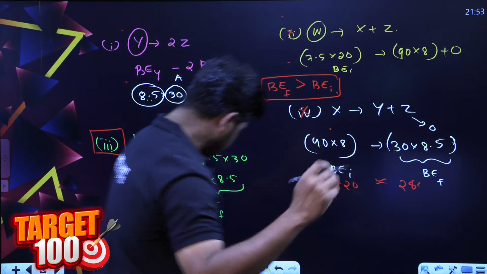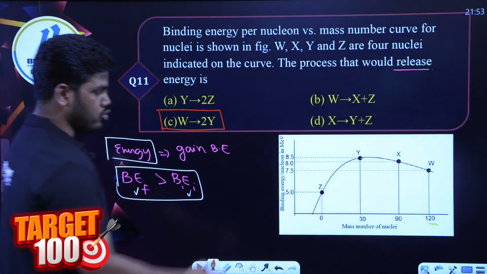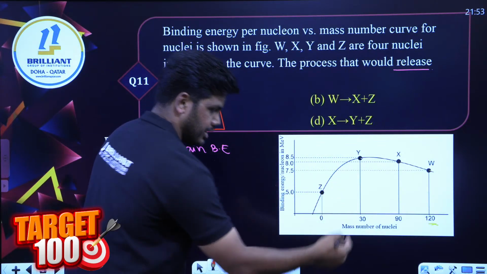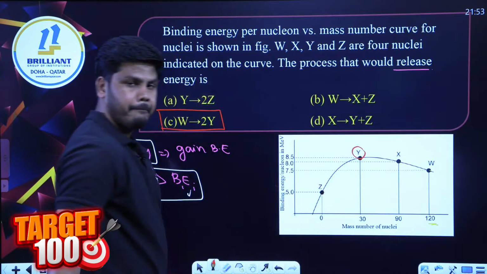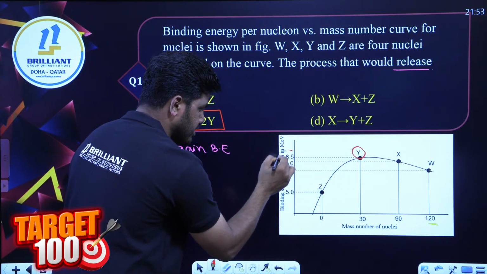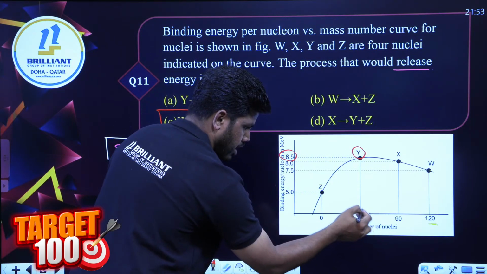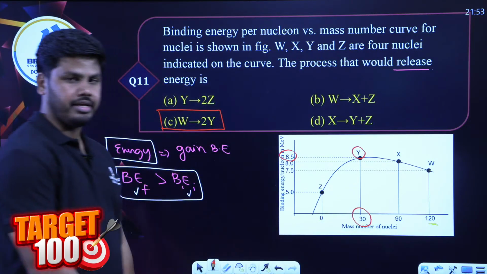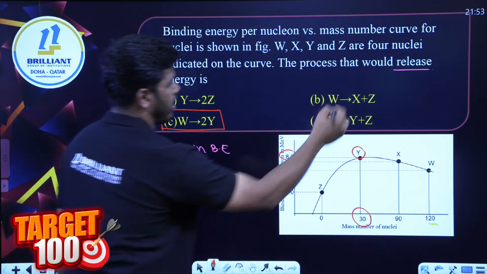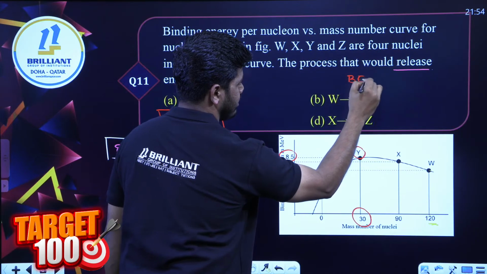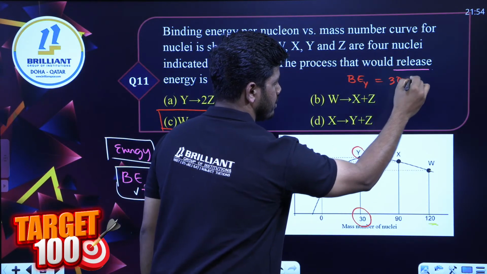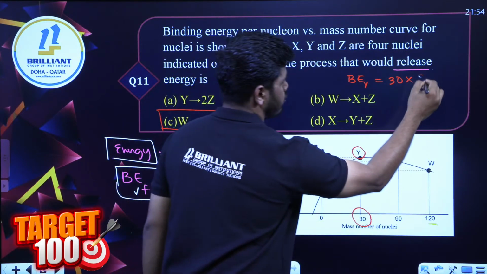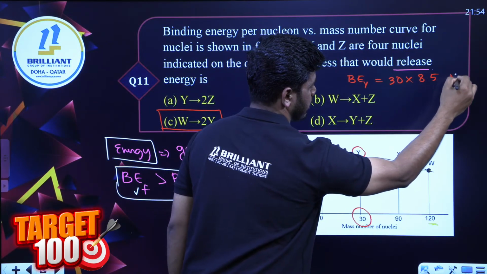The point you have to remember here is how to calculate binding energy. I explained, and I'm just going through that once again. If you want to find binding energy of Y, binding energy per nucleon is 8.5 and total number of nucleons is 30. So binding energy of Y is equal to 30 nucleons into 8.5 MeV per nucleon, right?